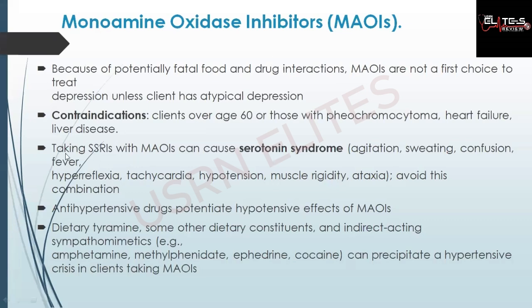Now, taking monoamine oxidase inhibitors with selective serotonin reuptake inhibitors can cause something we call serotonin syndrome. When you hear of serotonin syndrome, think about important vital signs going up. Everything goes up.